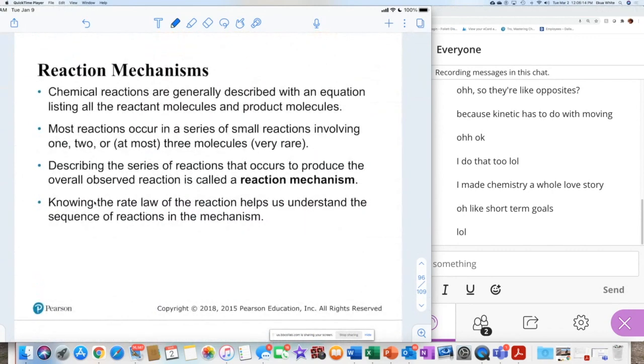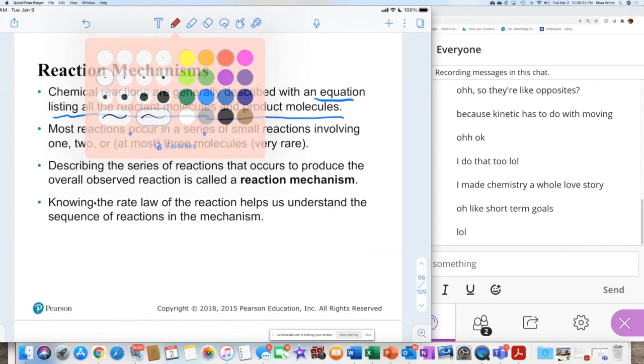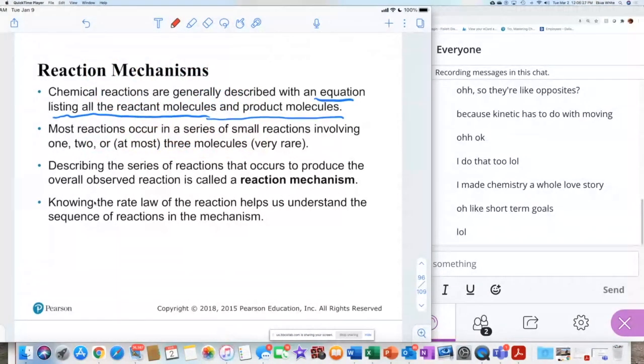Now the reaction mechanism. Chemical reactions are generally described with an equation listing all the reactant molecules and the product molecules. But we're being told there's more to the story than what we see. Most reactions occur in a series of small reactions involving one, two, or at most three molecules colliding with each other.